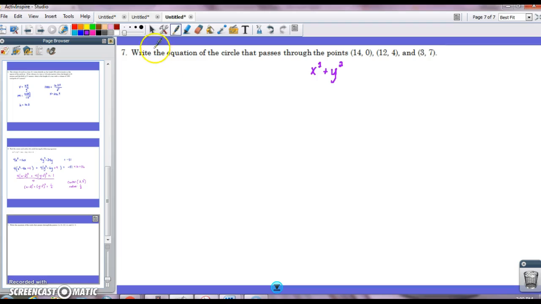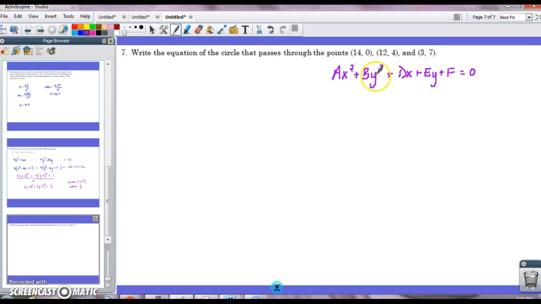And actually, let me go back here. We're talking about the general form of any conic section. It's actually ax squared plus by squared plus dx plus ey plus f is 0.